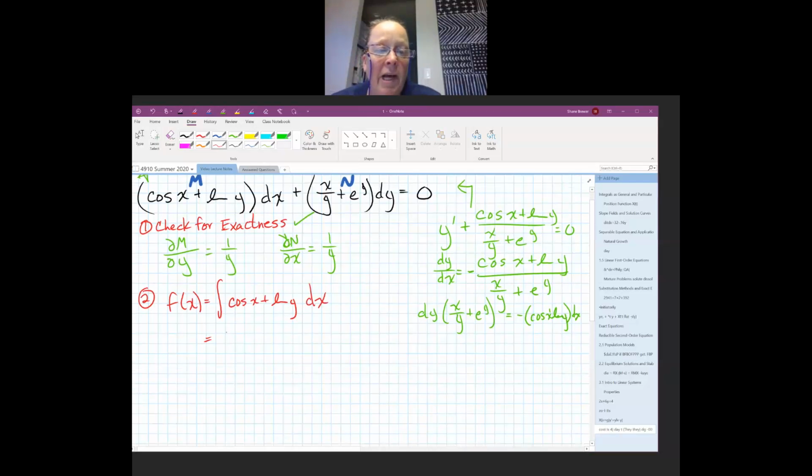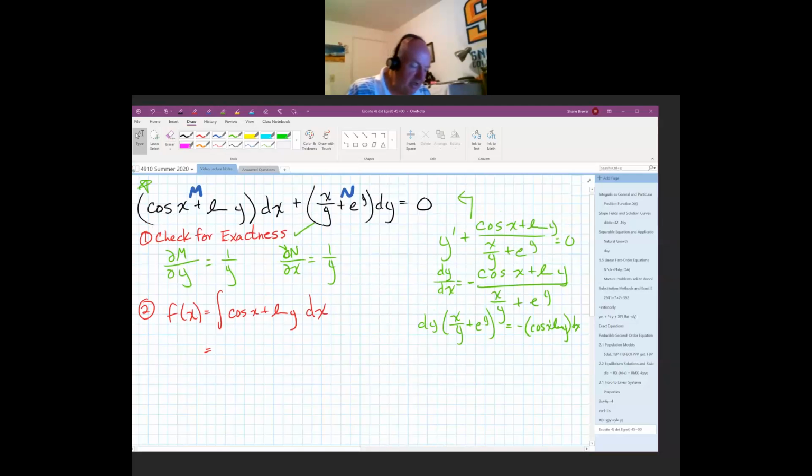Go ahead and write that out. I was just going to say the important thing is the reason we integrate is because M equals the derivative of our solution, this unknown function that we're trying to find. M is the derivative of f with respect to x. And so if you just integrate with respect to x, you should get the solution f. So that's why we're doing that.